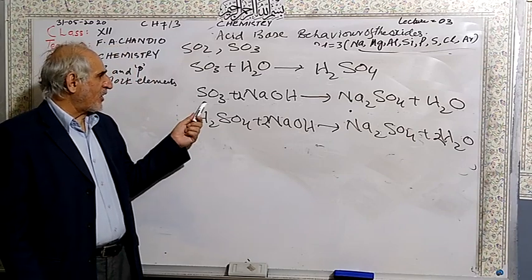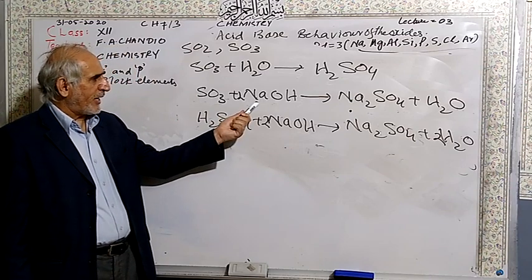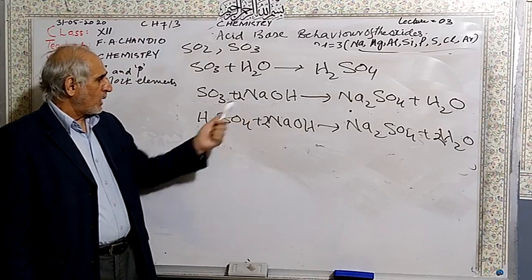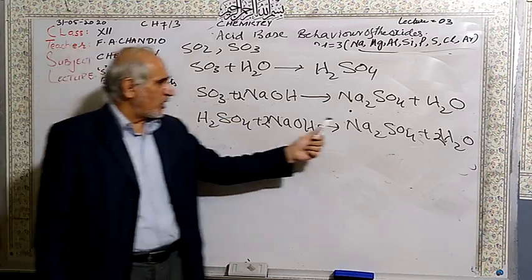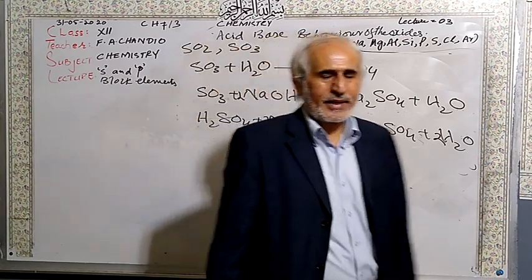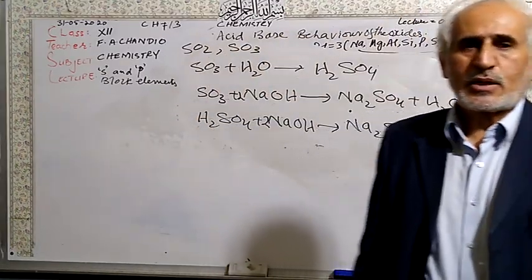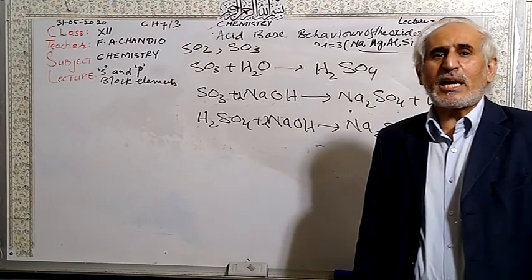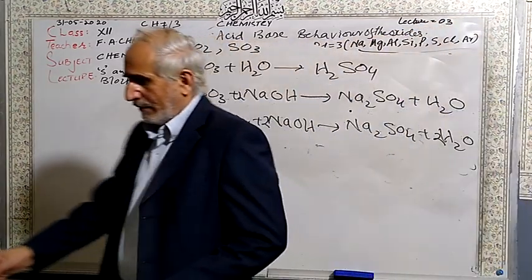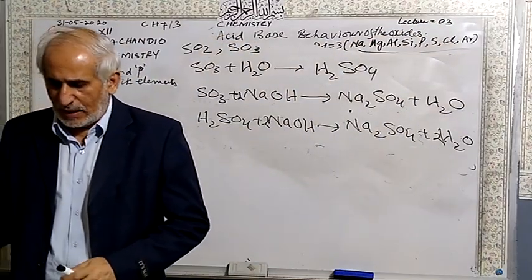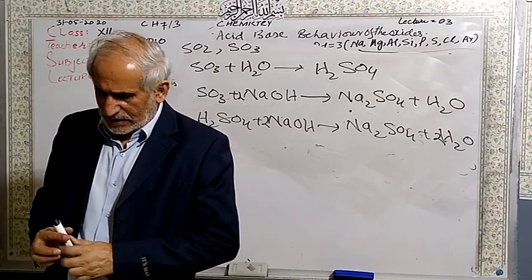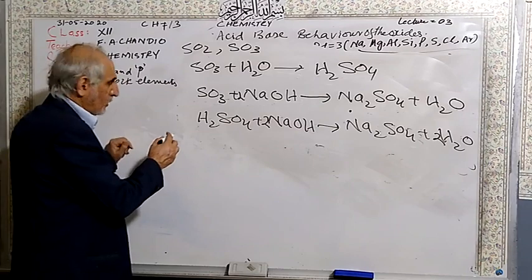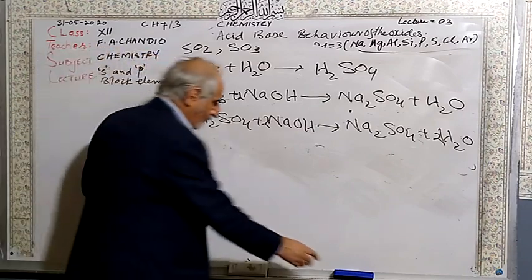This indicates that sulfur trioxide is acidic, sodium hydroxide is basic in nature, and here sulfuric acid, the king of chemicals, an acid, reacts with a base to give salt and water, and it gives two replaceable ions. So it is a dibasic acid and very strong acid, highly valuable in industry. So the next one is chlorine.